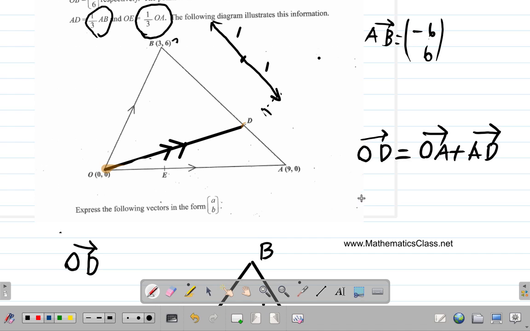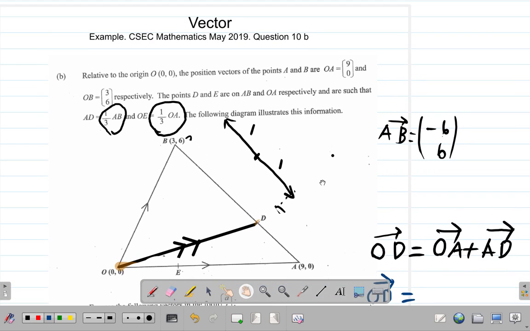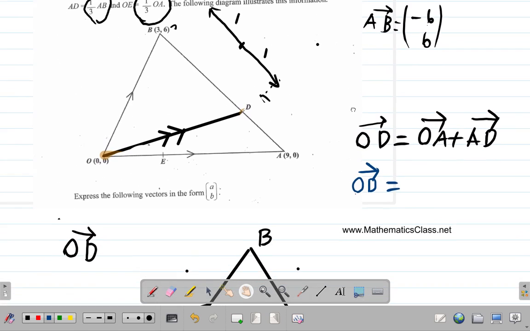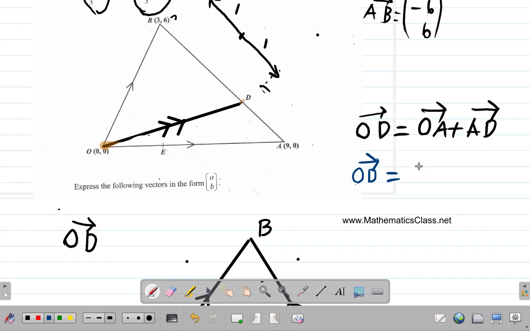Now, OD, which we want, is equal to OA. What was OA again? OA is 90, plus AD.